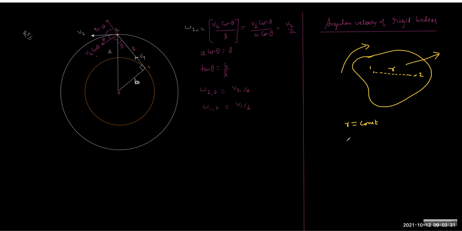Okay, so I think this is not a difficult thing to understand. Now, if R is constant, then what is dr by dt? The dr by dt is 0, which means the V parallel relative of any two points is always 0.